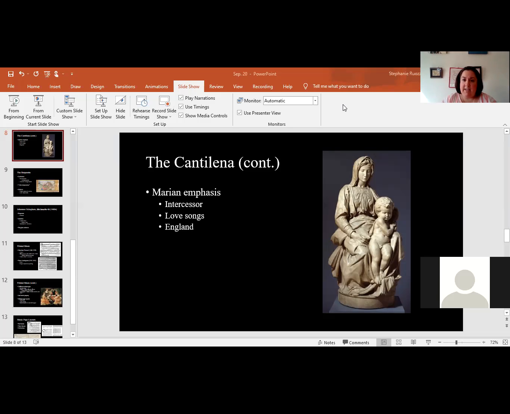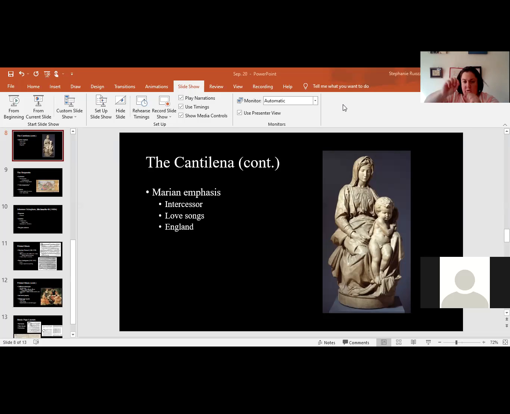So these Marian cantilenas were a way of praying to an intercessor to ask her to pray for you. And we do this by singing love songs to her. We juxtapose songs to the Virgin Mary with secular love songs.